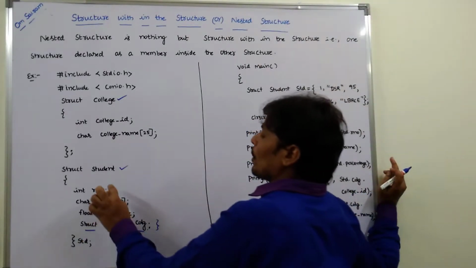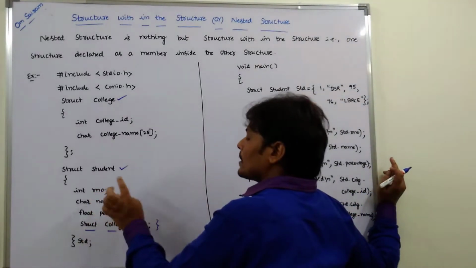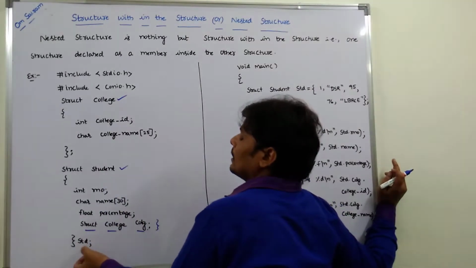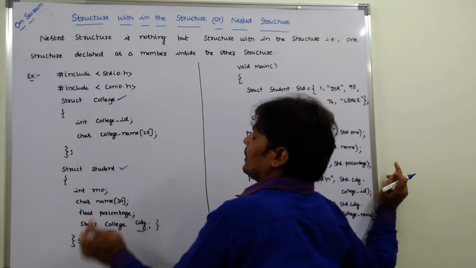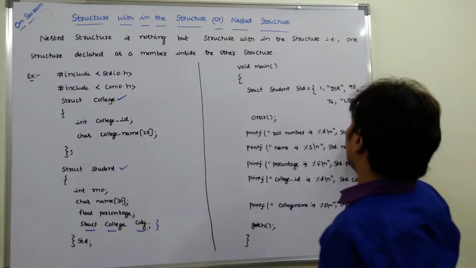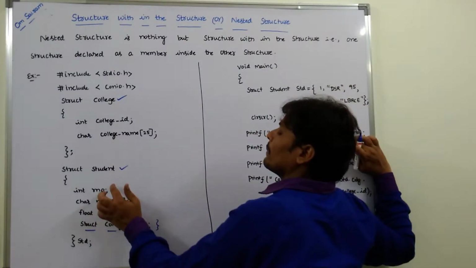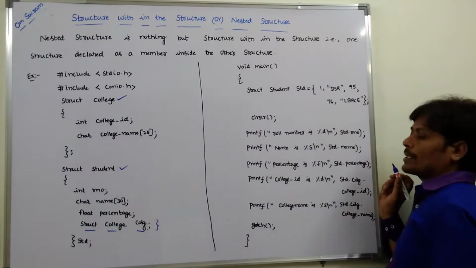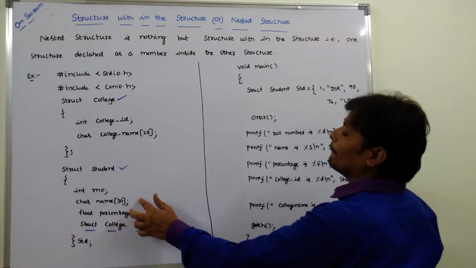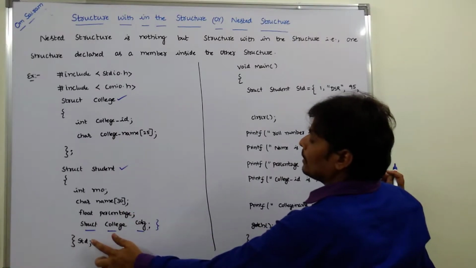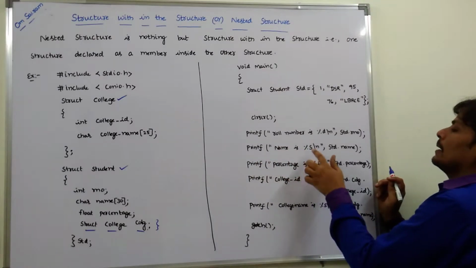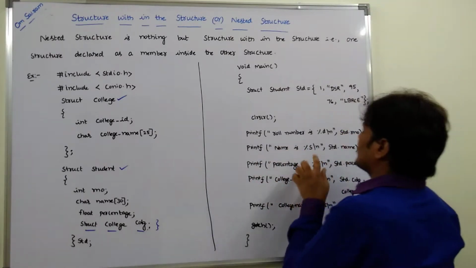So here to access the roll number, first you write structure variable dot member name. The structure variable is std, member name is roll number. So std dot roll number. Next, how to access the name? Structure variable dot name.